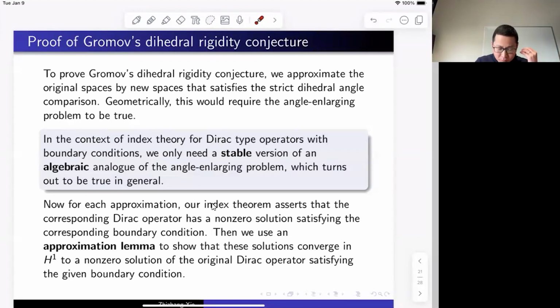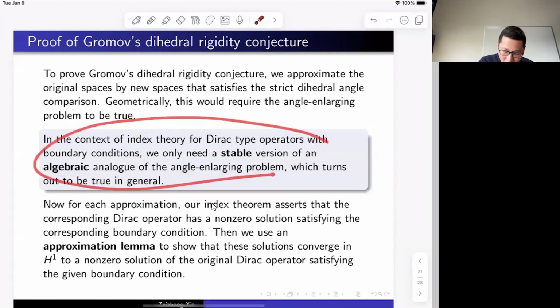But like I said, in the index theory computation, luckily, we only need a stable version of the algebraic problem. So I will come back to this.